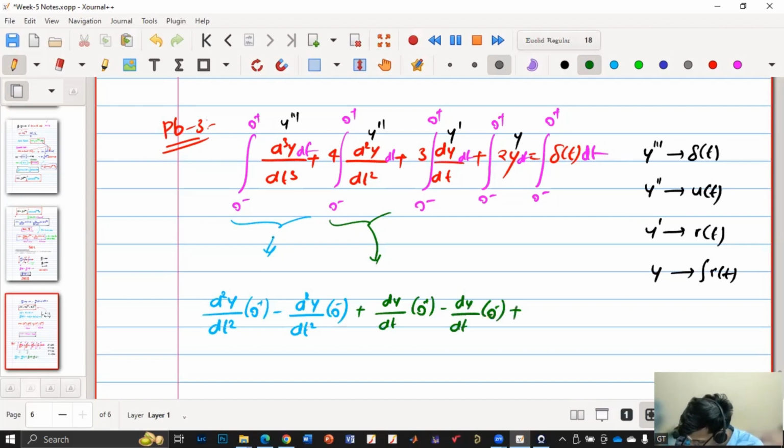And the third term will become y of 0 plus minus y of 0 minus. Then this term will become 0 because the integration of that is 0, and the RHS is 1.